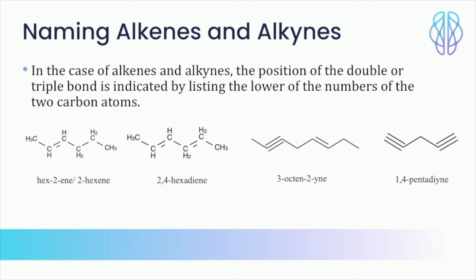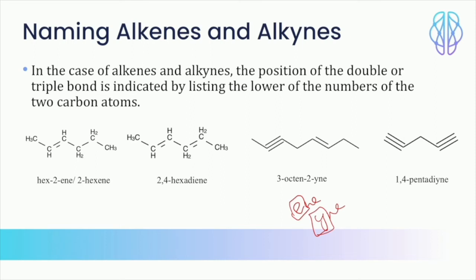So, how do I name it? Since there's more than one functional group, I name it in alphabetical order. So right now I have an ene and I have an yne. This comes after E in the alphabet, right? So I name the ene part first. So it's a 3-octen-2-yne.